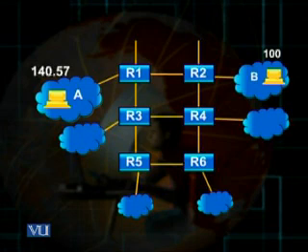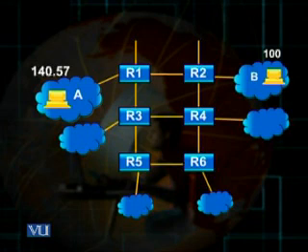We say this is machine A. This client machine A wants to send certain data to a server machine, say at network number 100, an A-type network, and the machine sitting on that network I have termed machine B. R1 is the router, the default gateway attached to network number 140.57, and R2 is the router attached to network number 100, the receiving network.